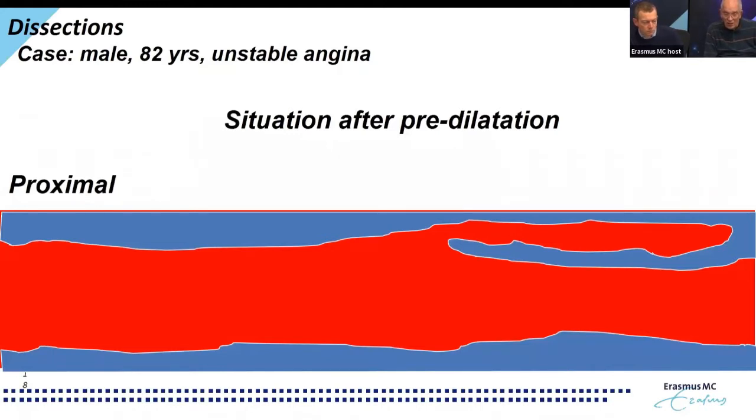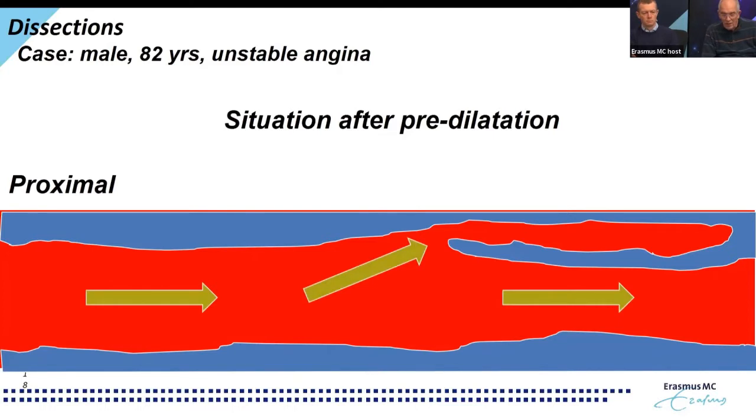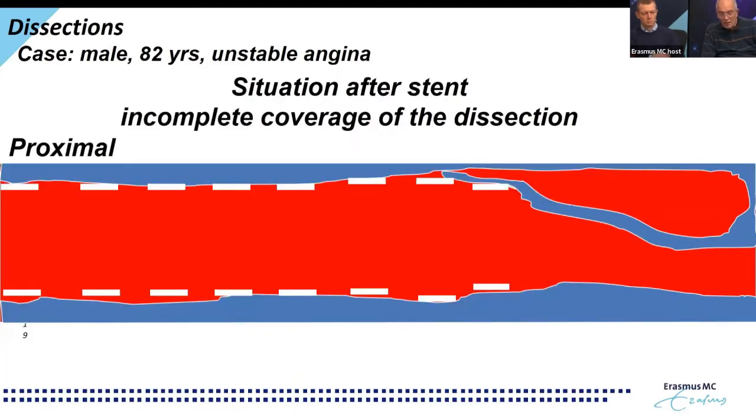You can see in red is the blood, and you see this dissection flap, and we have an anterograde dissection. Then after the implantation of the stent, you see that the edge of the stent covers the opening of the dissection.